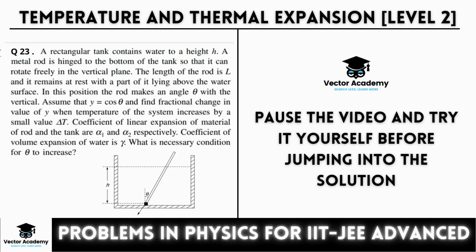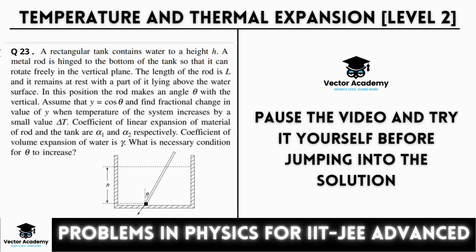Question 23. A rectangular tank contains water to a height h. A metal rod is hinged to the bottom of the tank so that it can rotate freely in the vertical plane. The length of the rod is L and it remains at rest with a part of it lying above the water surface. In this position the rod makes an angle theta with the vertical.